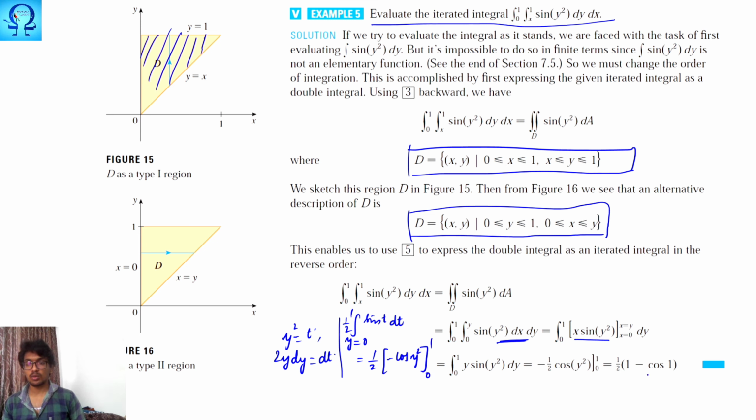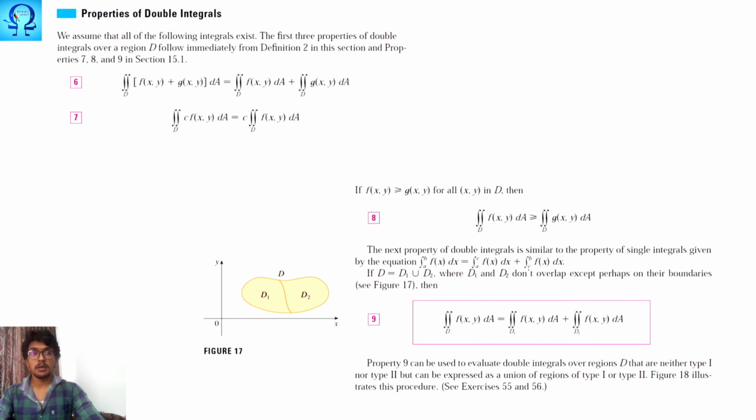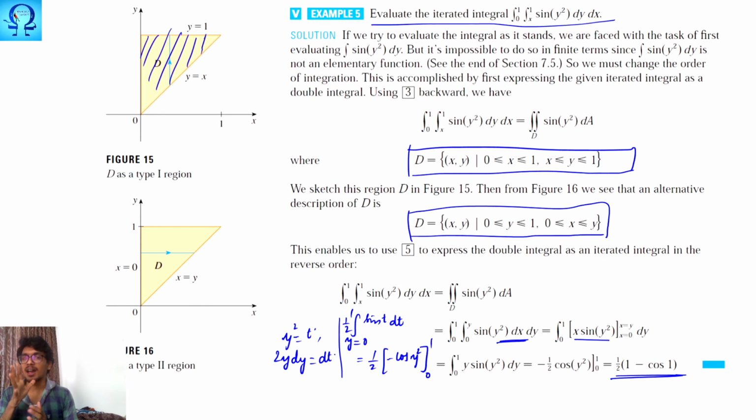Just do it and you get this result. Quite simple, right? But here we'll have to make use of the idea that from the given integral itself we can draw the region. That idea has to come to our mind.